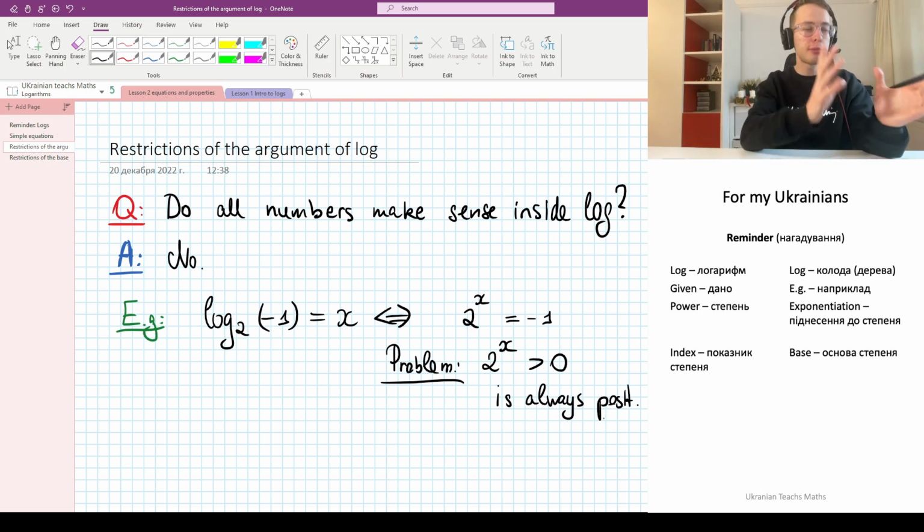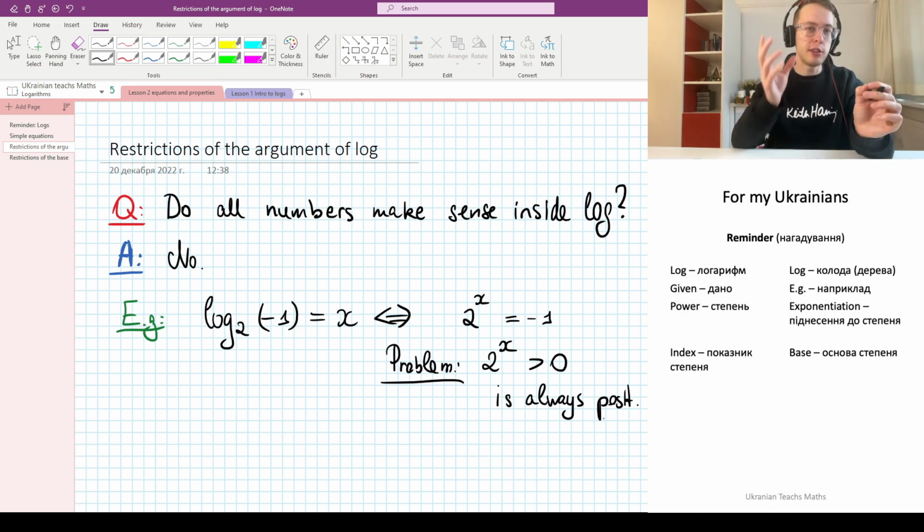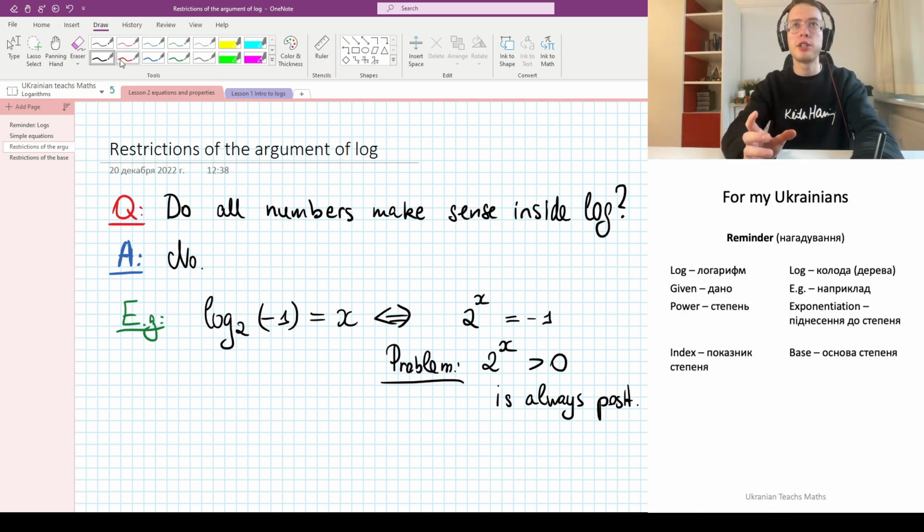It is always positive, and a positive number is by definition not a negative number. Or the other way around, a negative number is not a positive number. So I actually cannot have this equation here, which means that this thing right here does not make any sense.